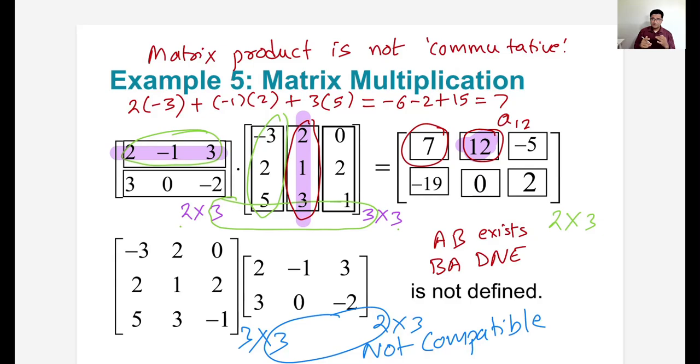Okay. From our prior experience, we know numbers are commutative, polynomials are commutative. If you have two polynomials, p(x) and q(x), and you multiply them in whichever order, they will end up in the same polynomial at the end, right?